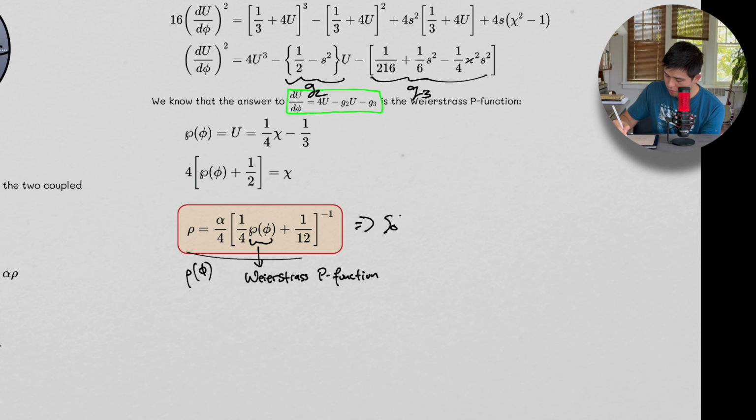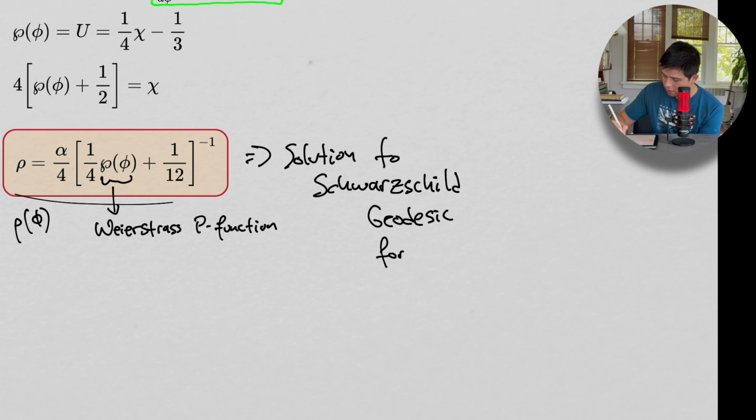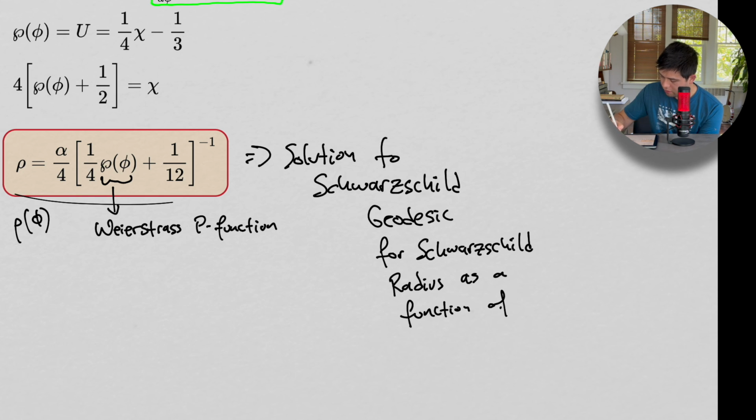So: solution to Schwarzschild geodesic for the Schwarzschild radius as a function of the azimuthal angle.